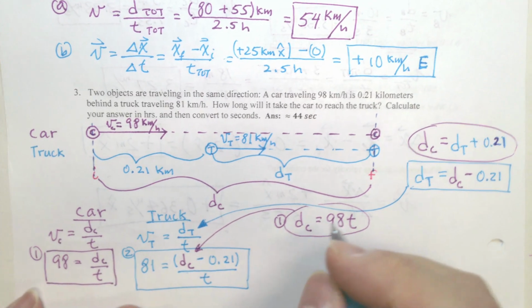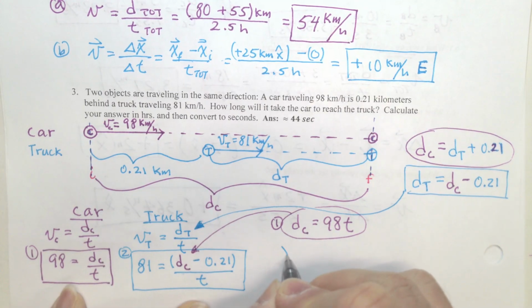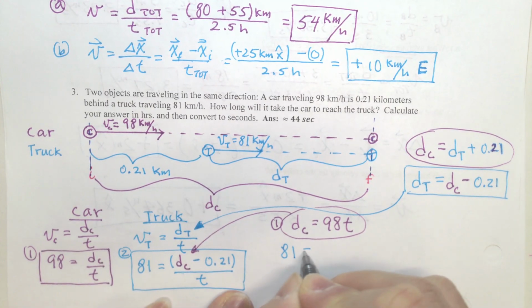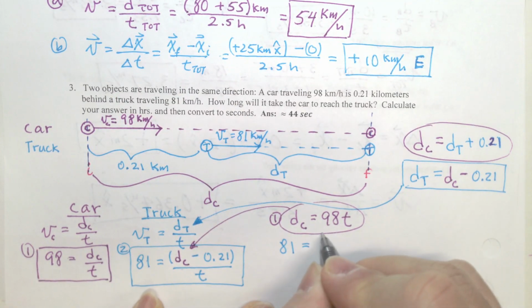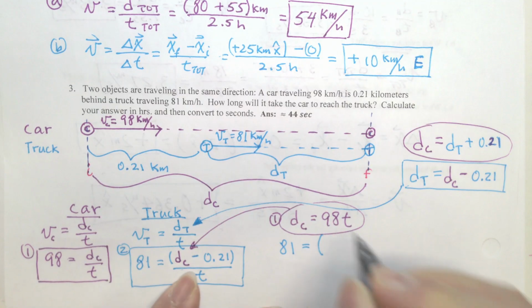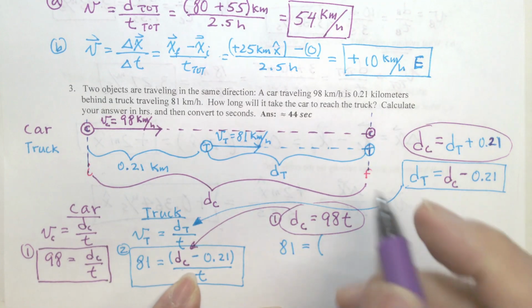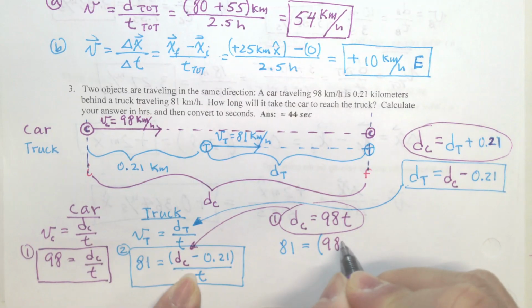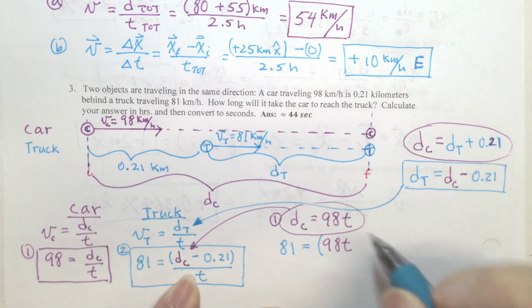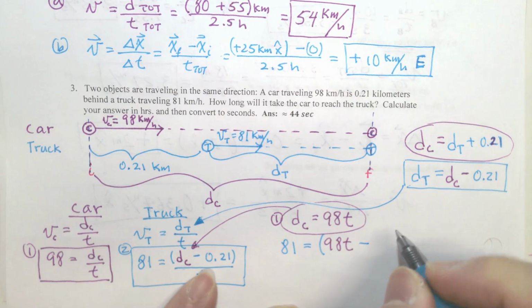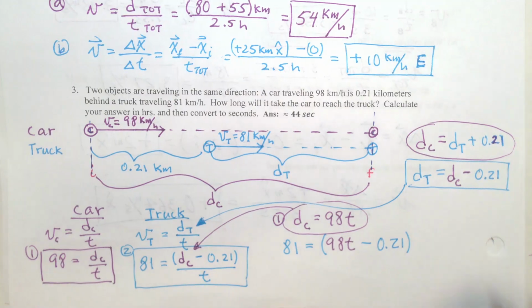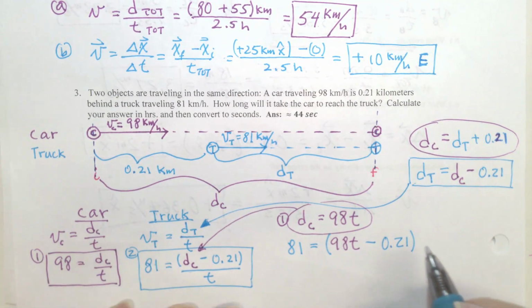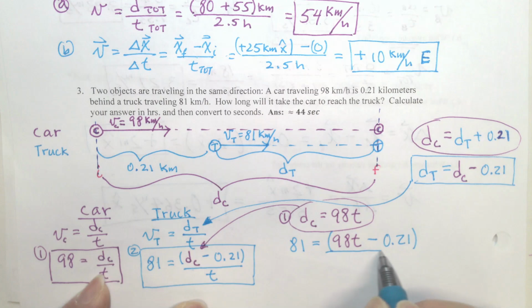That means we can say 81 is equal to distance car, 98t minus 0.21, whole thing over the time t.